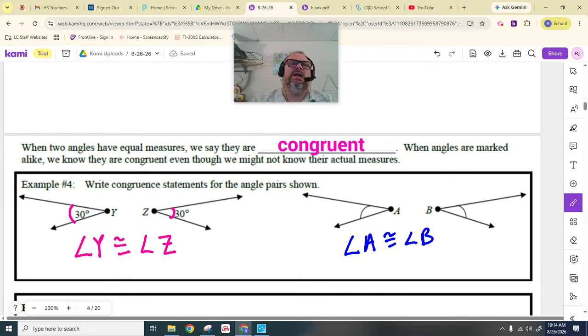Not this next test, but the next one, you'll have to say these are congruent, which means the measures are the same. Definitions.